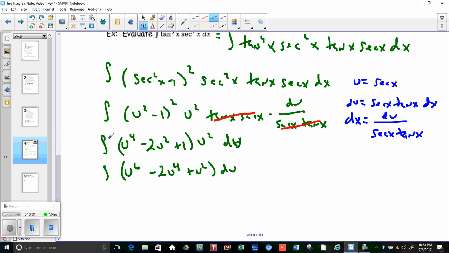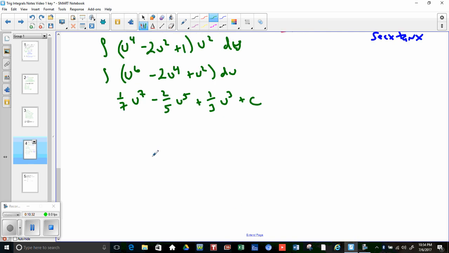And finishing this thing off, we'll take the antiderivatives. 1/7 u to the 7th minus 2/5 u to the 5th plus 1/3 u cubed plus c. And then don't forget to substitute the original u back. I am going to extend my page just a little bit. There we go.